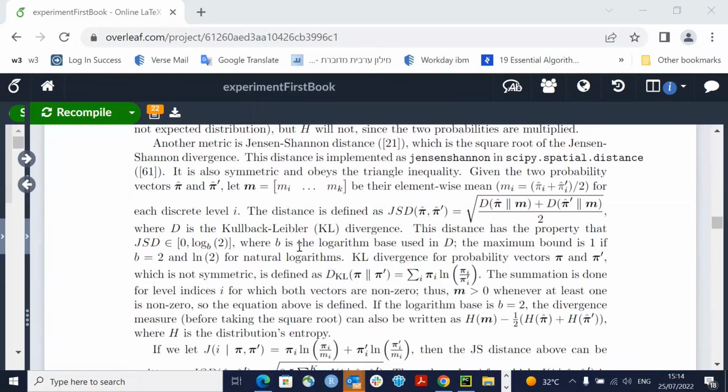And it's bounded between 0 and the log of 2 with the base that you use in the Kullback-Leibler distance. So if you use base 2, which is like for information theoretic, it's bounded by 1, because it's log base 2 of 2, which is 1.